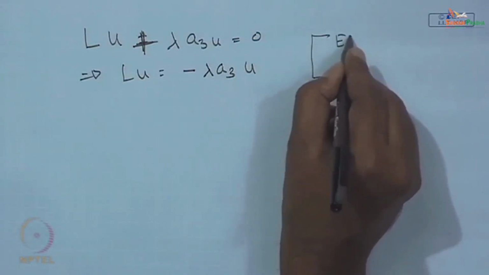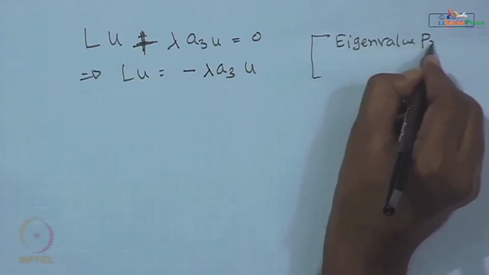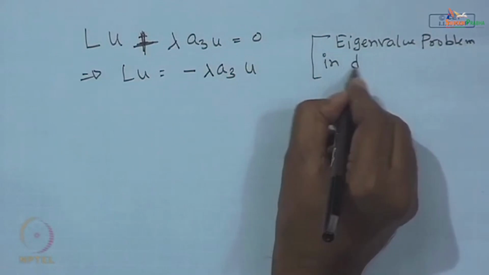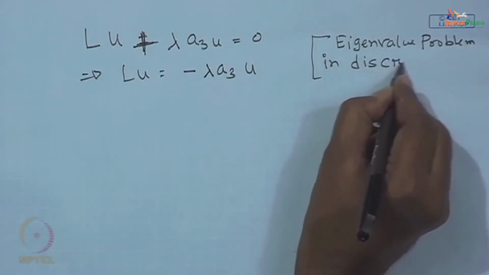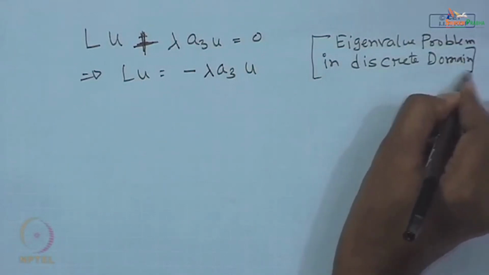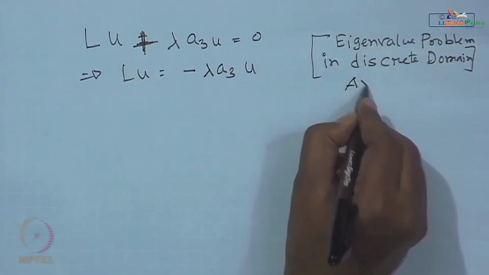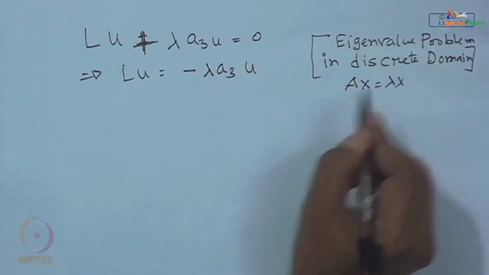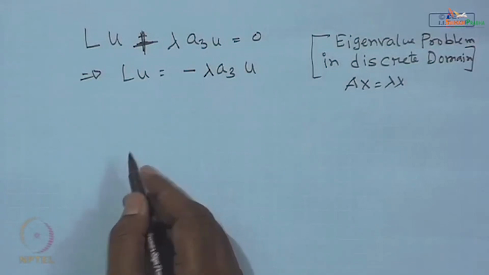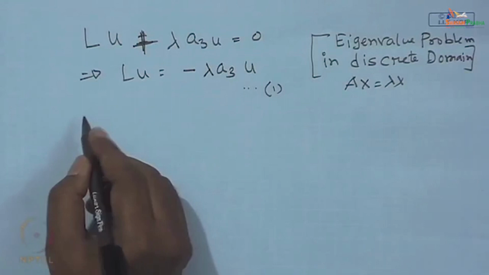So, you just recall the eigenvalue problem in discrete domain, that was A x is equal to lambda x. So, this equation can be rewritten in this form.